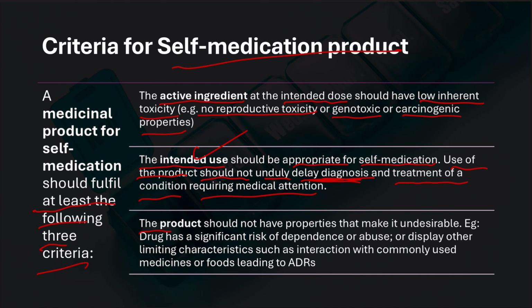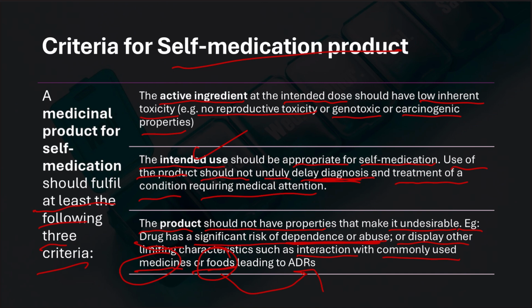Then the product should not have properties that make it undesirable. For example, if the drug has a significant risk of dependence or abuse, then it should not be self-medicated. Or suppose the drug interacts with commonly used medicines, like proton pump inhibitors, or antipyretics used to control fever, and with food. If a medication is shown to interact with commonly used medicines or the food we take, leading to adverse drug reactions, then it cannot be a self-medication product.